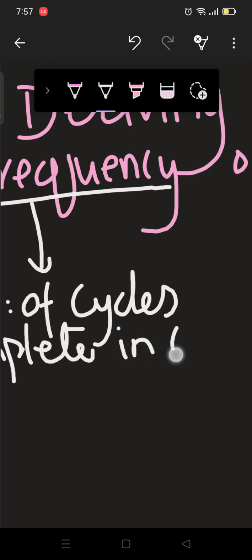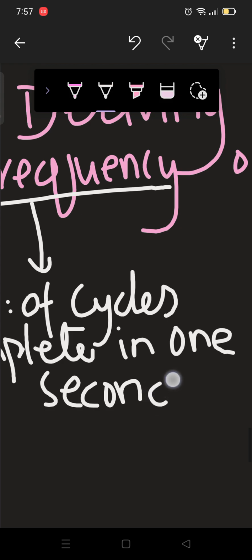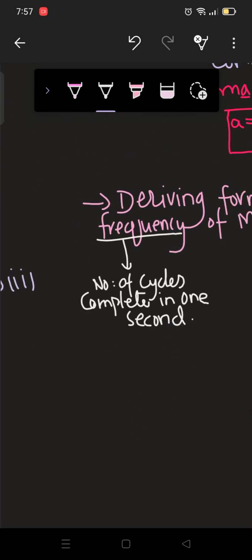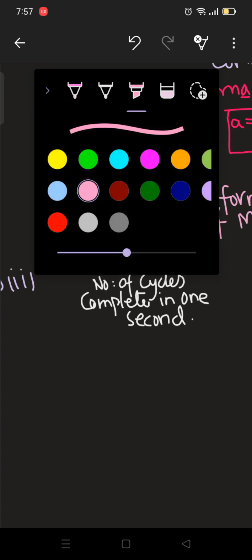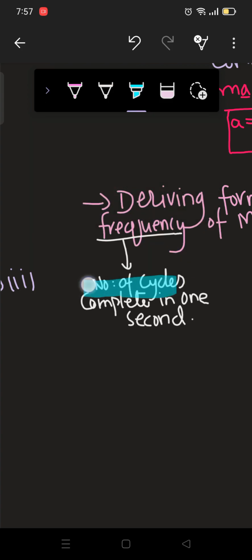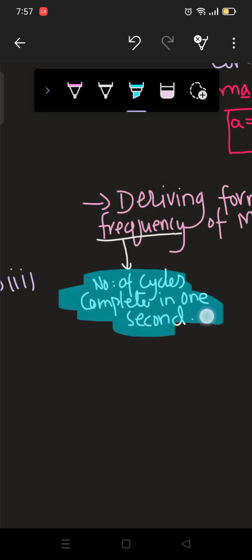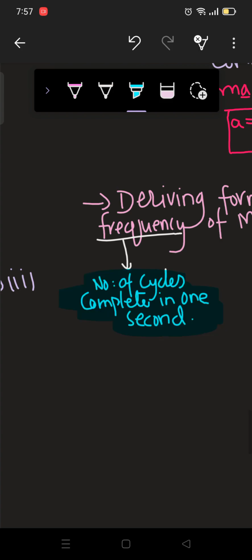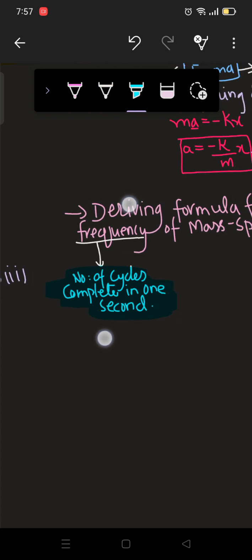Completed in 1 second. What was time period? Time required to complete one cycle is what we call the time period. However, number of cycles completed in 1 second is what we call the frequency. How many cycles will it complete in 1 second? This is what we call the frequency.